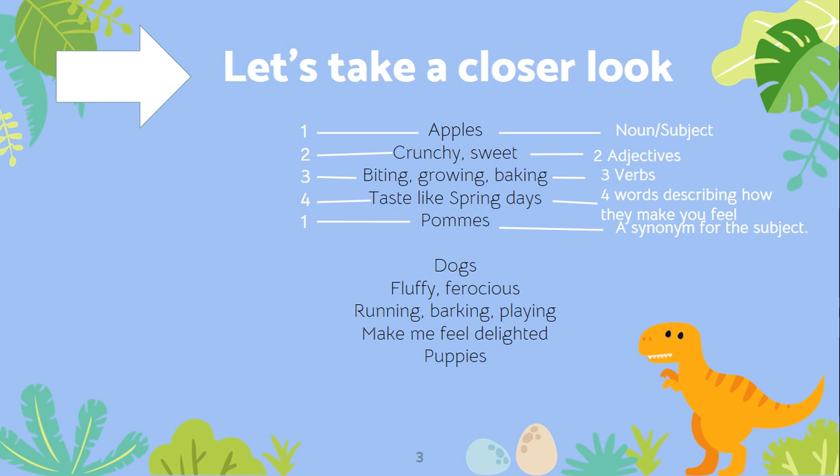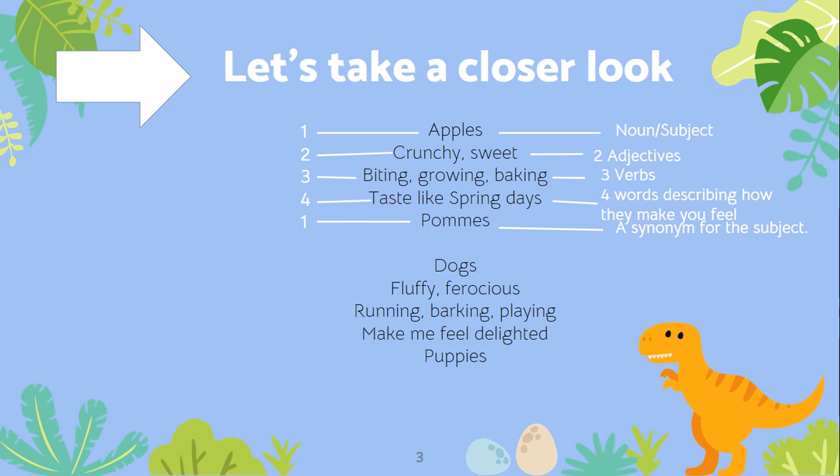So you can make apple chips, anything, okay? For dogs, we had running, because they run, barking, because they bark, and playing, because they like to play. So you need to think of 3 verbs that describe your subject, okay? What does your subject do?